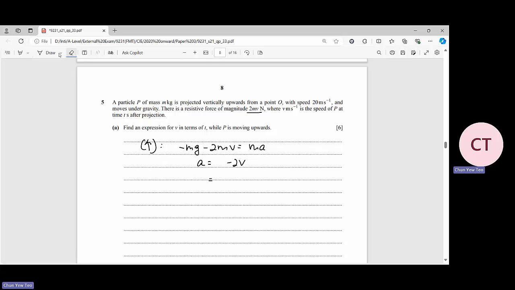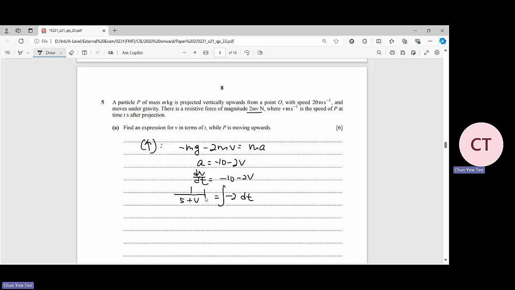There's a negative g here. So this one will be negative 10 minus 2v. Since they want v and t, this will be dv/dt.